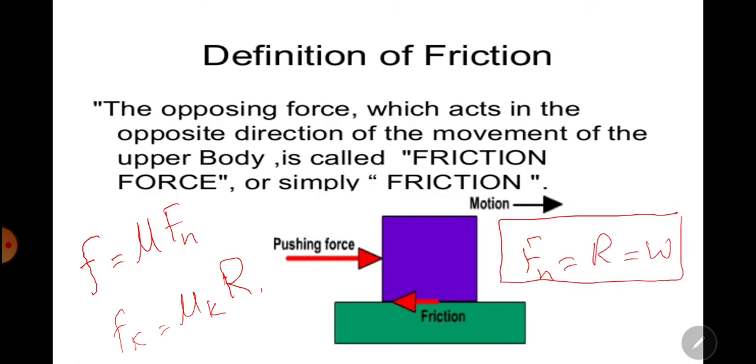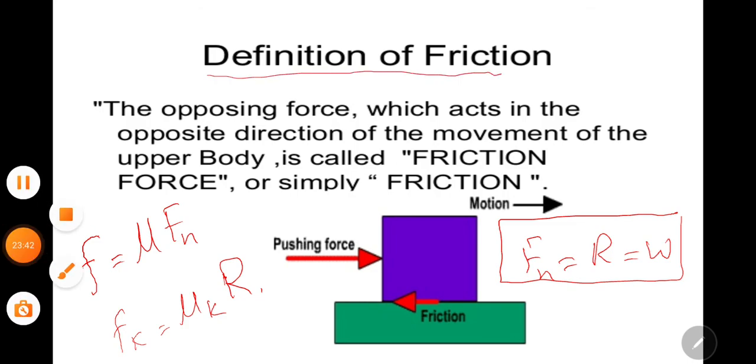These three symbolic representations are used for the same force, which is the weight of the body, or normal force, or normal reaction. Friction is of different types: sliding friction, rolling friction, kinetic friction, limiting friction, static friction.